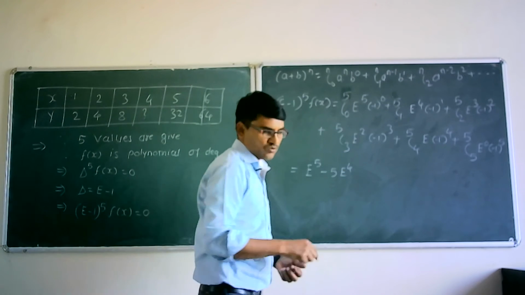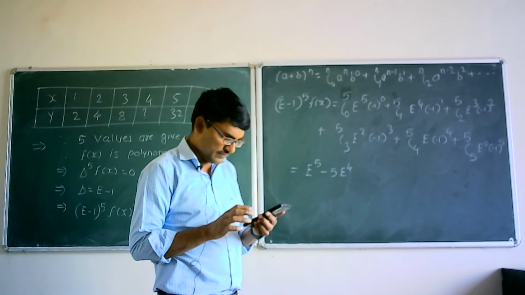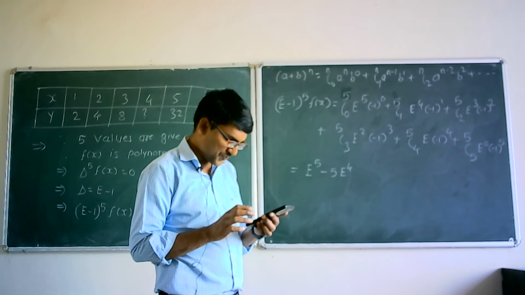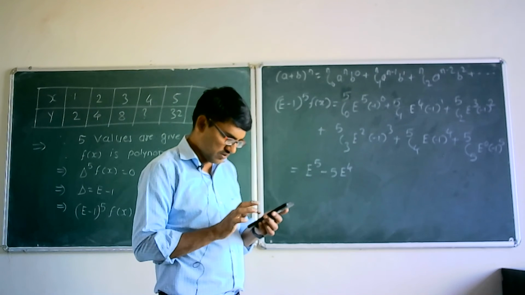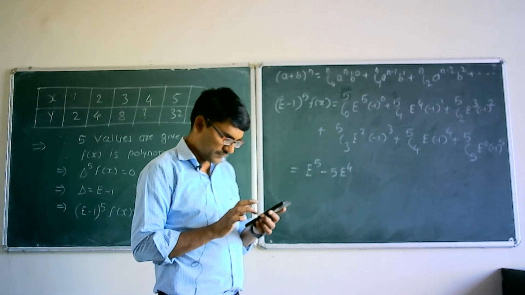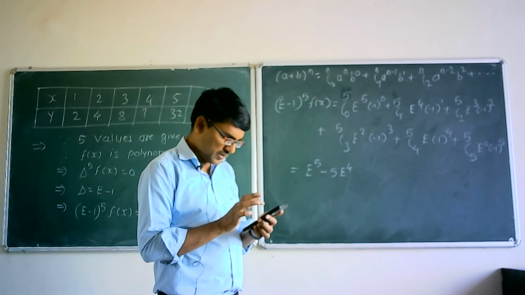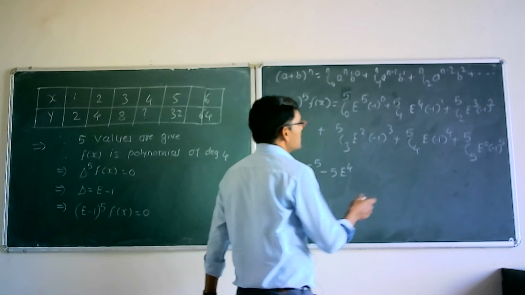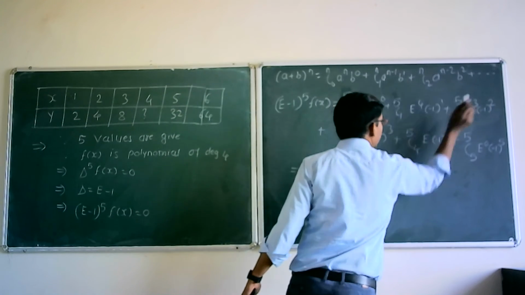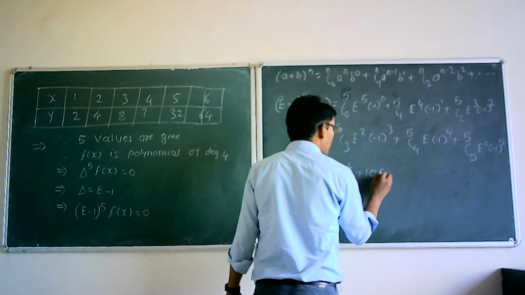Now 5c2, you can use your calculator. Press 5 shift c 2, which is 10. So 5c2 is 10, minus 1 raised to 2 is plus, so 10 e cube.